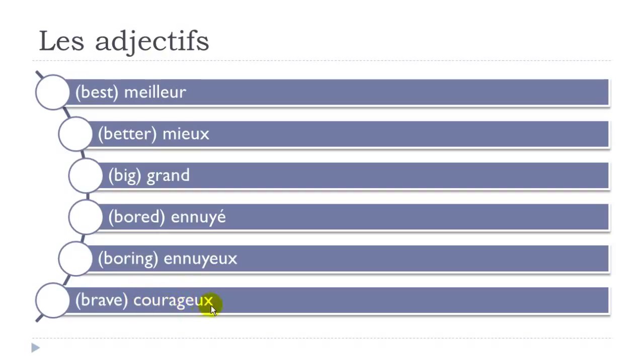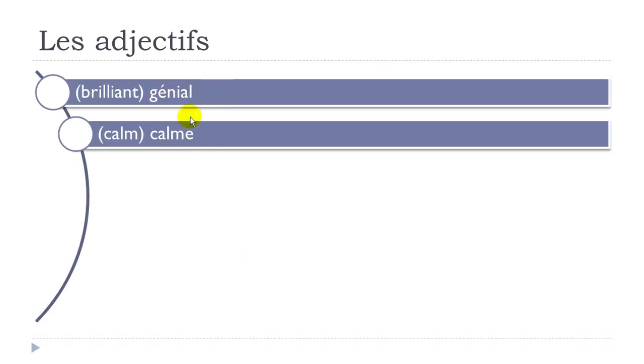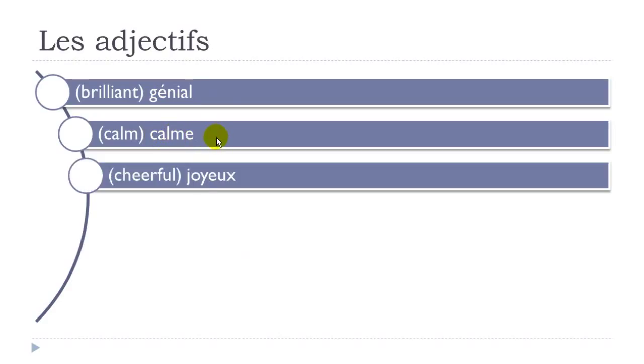Courageux. Génial. Calme. So don't insist on the final E. Calme. Joyeux. Final X not pronounced, and then joyeux. Okay? Joyeux.